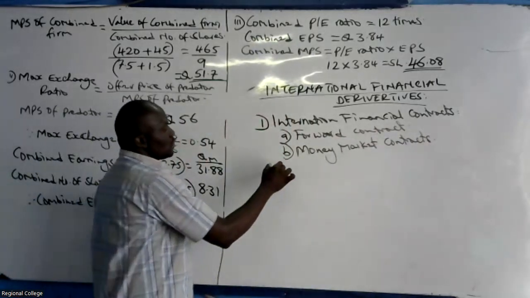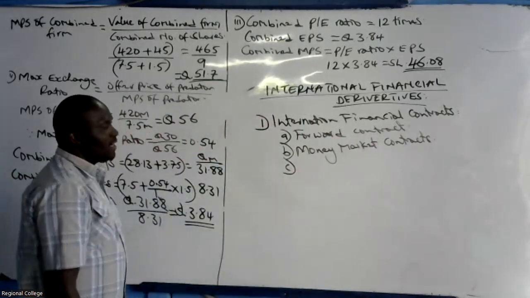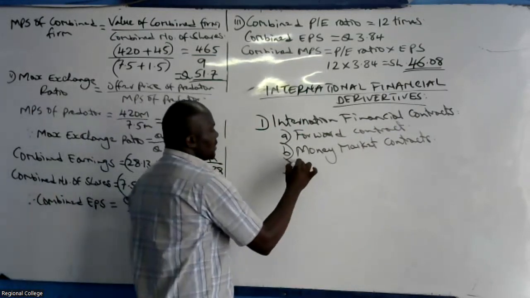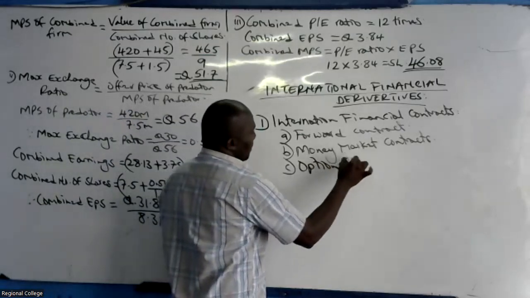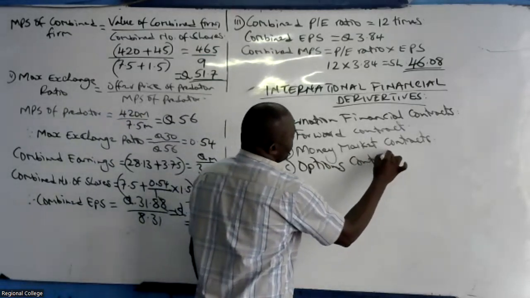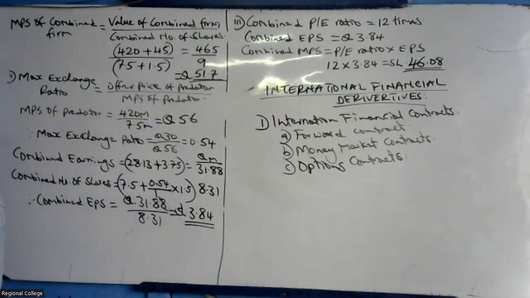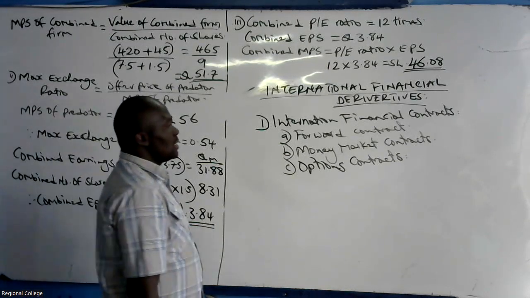We also need to know how to deal with others, but because I only asked for 5 minutes, let's just have a framework. We'll go into details in our next class. Then we also have the options contract. We'll have the put option and the call option. We shall see what to do with that.